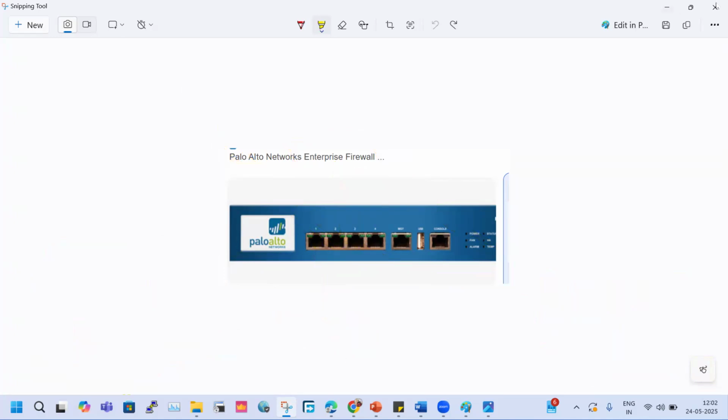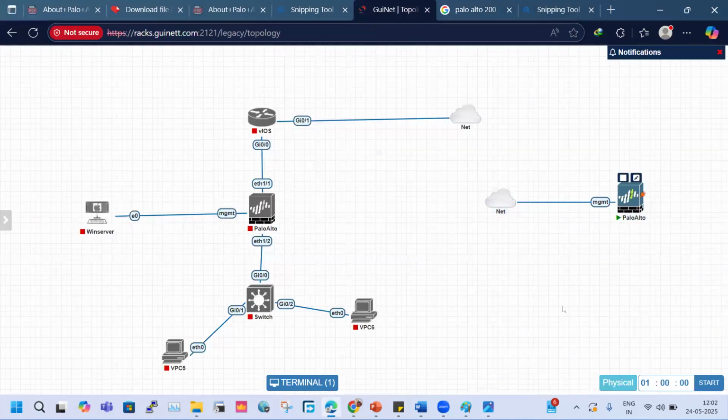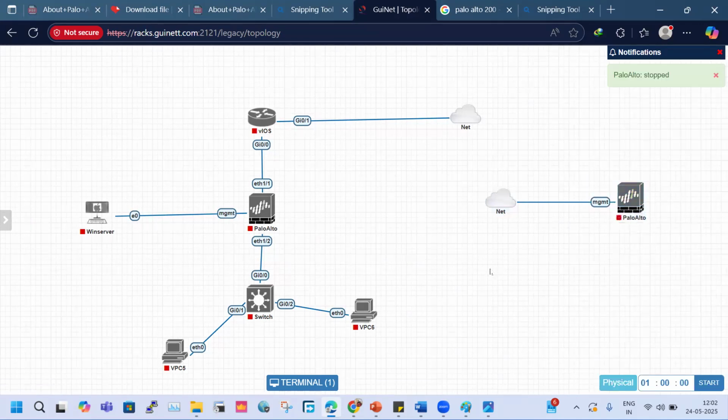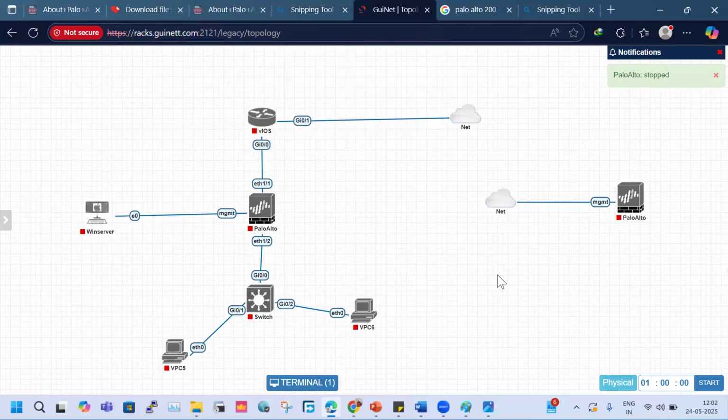So I hope everything that we discussed today is clear to everyone. Could you share the PDF for the study materials? Sure, I'll share the lab guides. Also the PDF theories, everything that we are discussing here, I will be sharing. Today is day 1. We have discussed the basic architecture, functioning of the Palo Alto firewall, and packet flow logic.